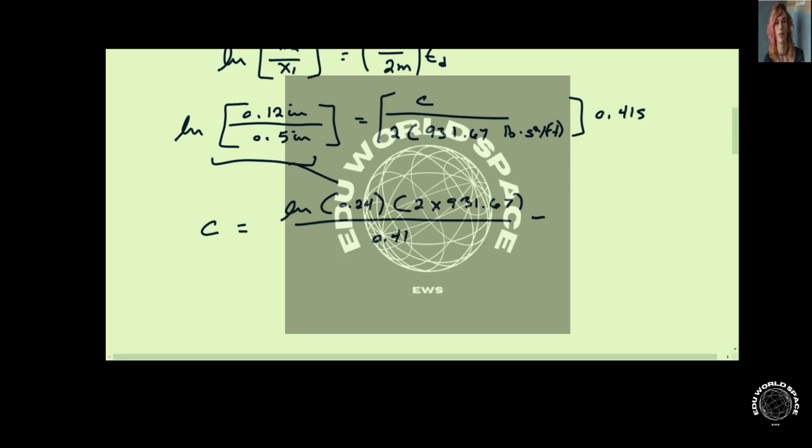And your c is going to be 6485.9 pounds times seconds per foot. Okay, and you can make this smaller into kilopounds, and that's going to be 6.49 kilopounds per second. Okay, and that's your answer for A.